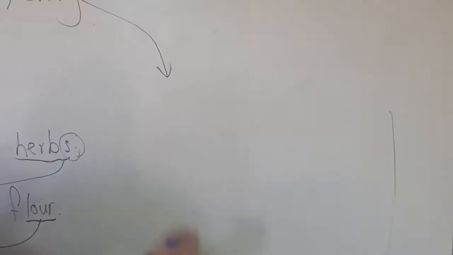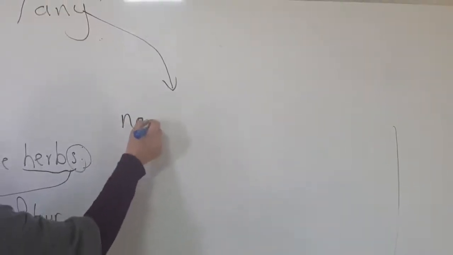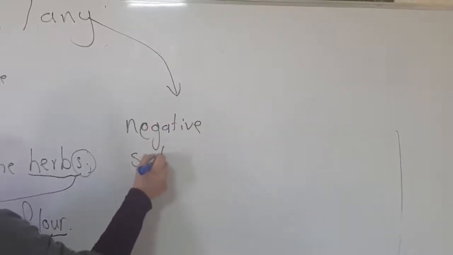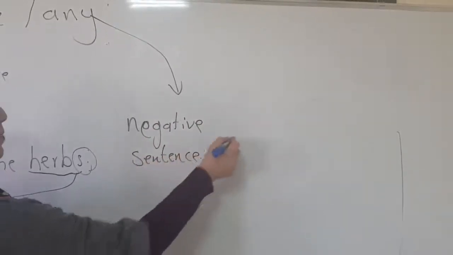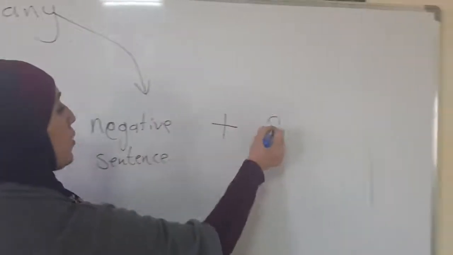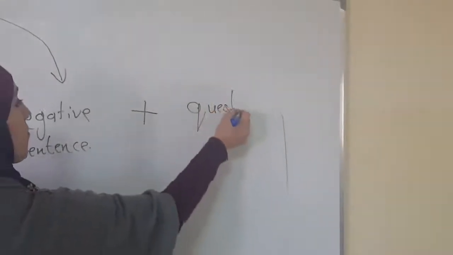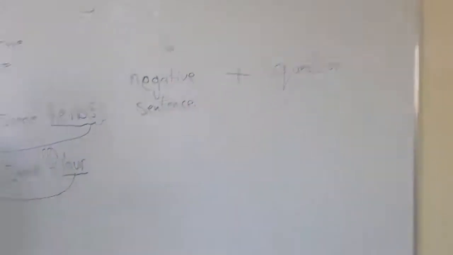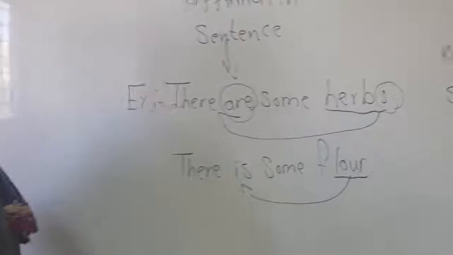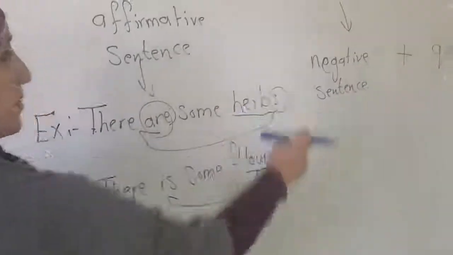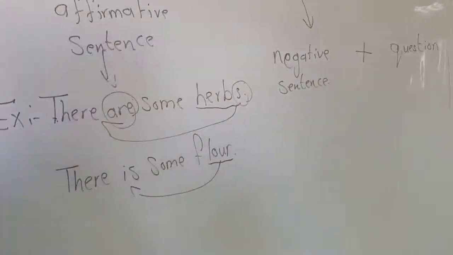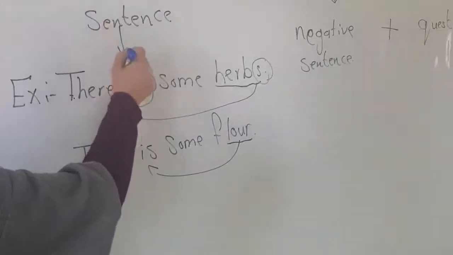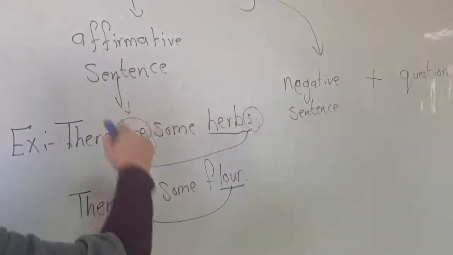We use any with negative sentence plus question. Now, خلينا نرجع للفيرست example here اللي هي there are some herbs. الجملة المثبتة. This same affirmative sentence I will negate.